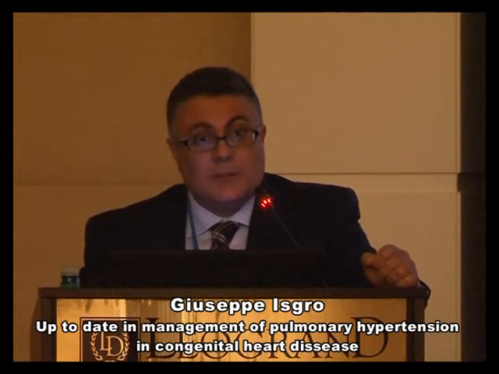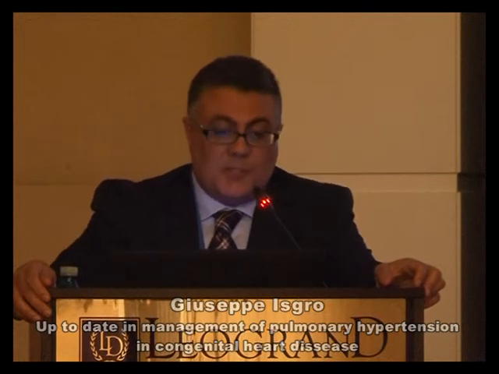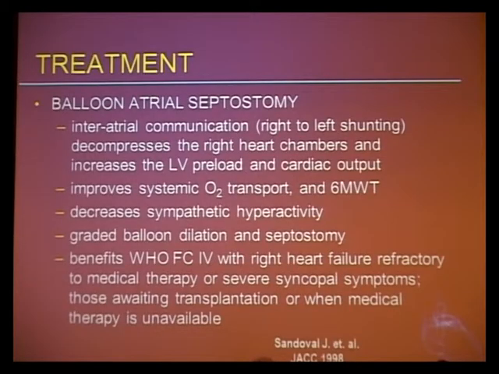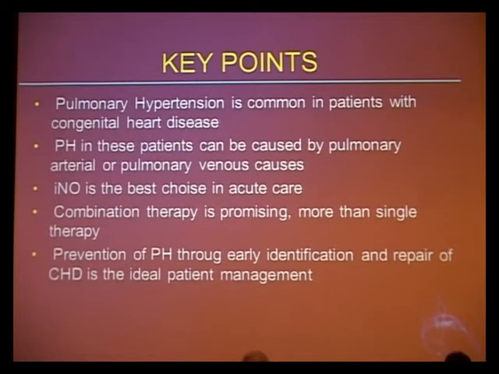Another treatment, prior to heart-lung transplantation, is the balloon atrial septostomy, when you have a patient refractory to the conventional therapy. But also here, the decision to put the patient under balloon septostomy is very, very hard, and you have to choose the patient. It's not simple for any patient.